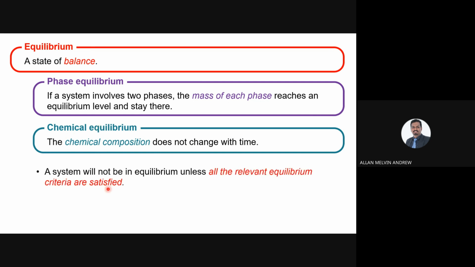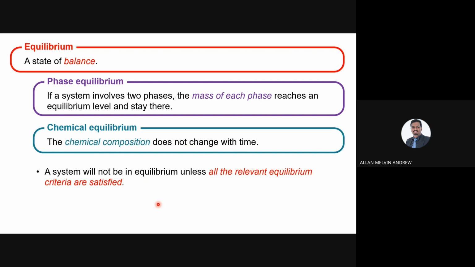A system will not be in equilibrium unless all the relevant equilibrium criteria are satisfied. So when you have two phases or two systems that you want to reach equilibrium, there are certain equilibrium criteria that you need to meet.